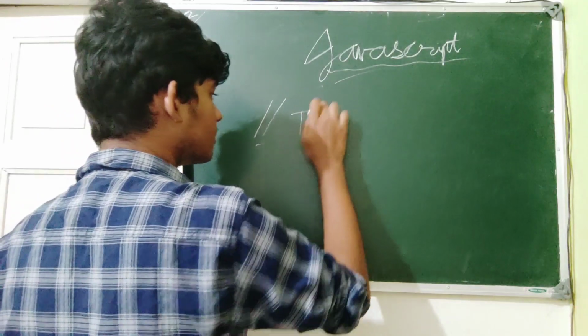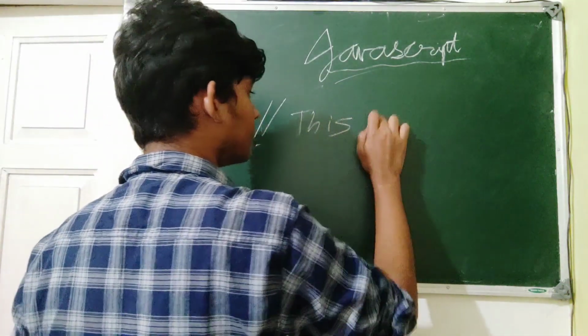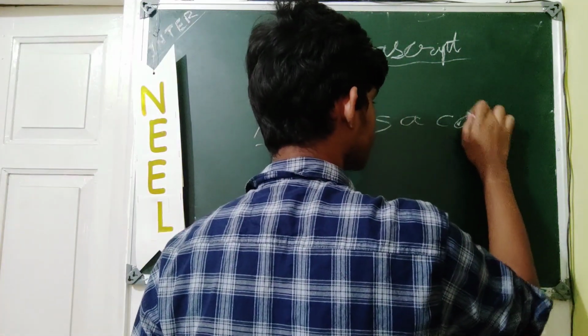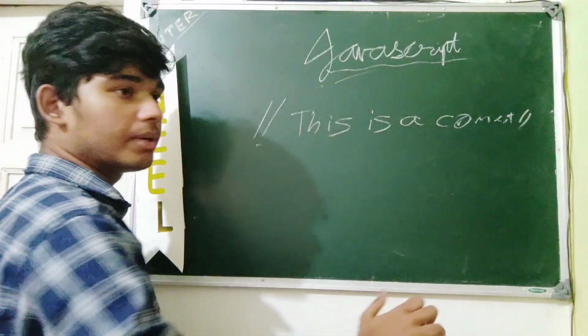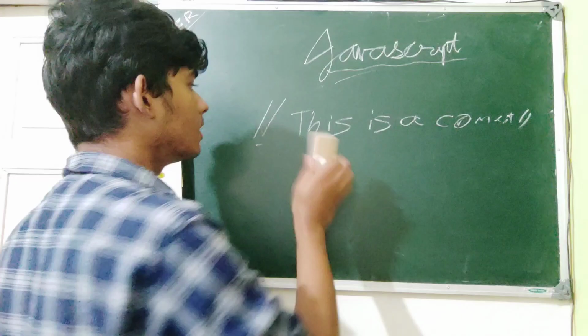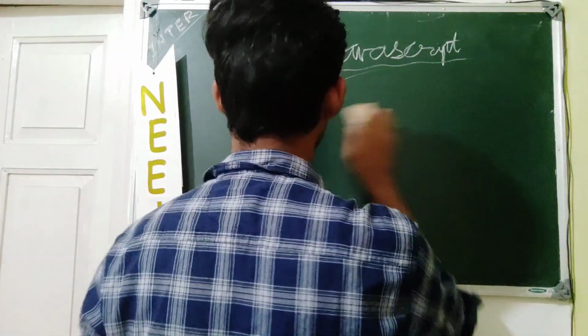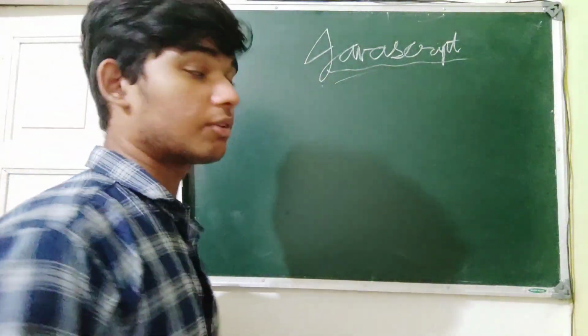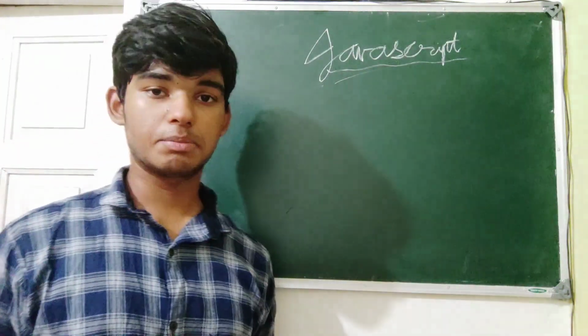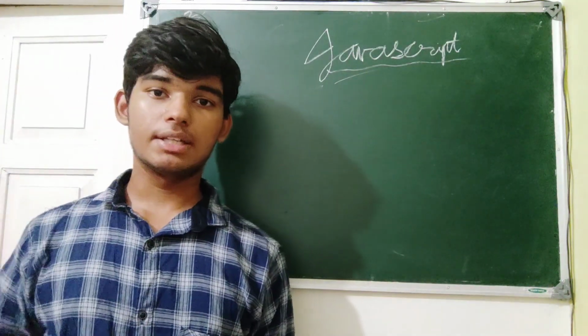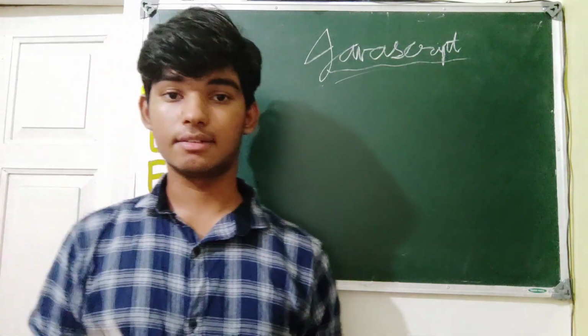So if you write something like this is a comment, this will not appear on the website or even on the console. It will just appear as a small comment that helps you while you're writing the website, to hide some important things that you'll otherwise probably forget.